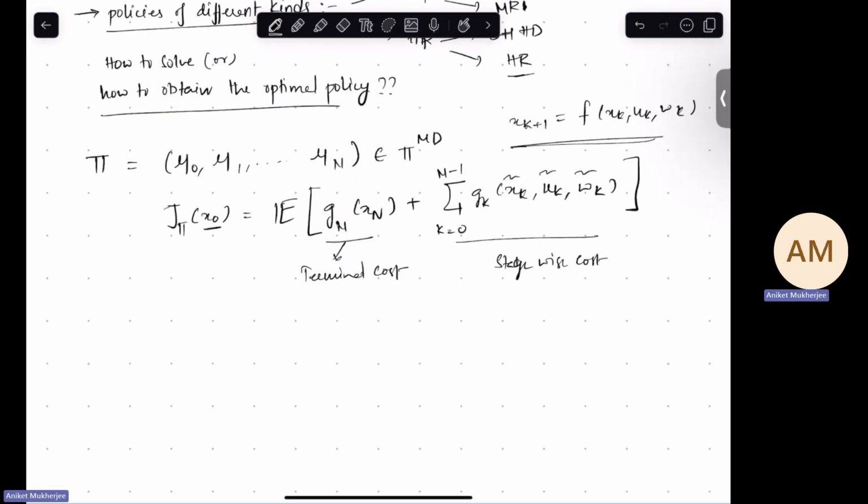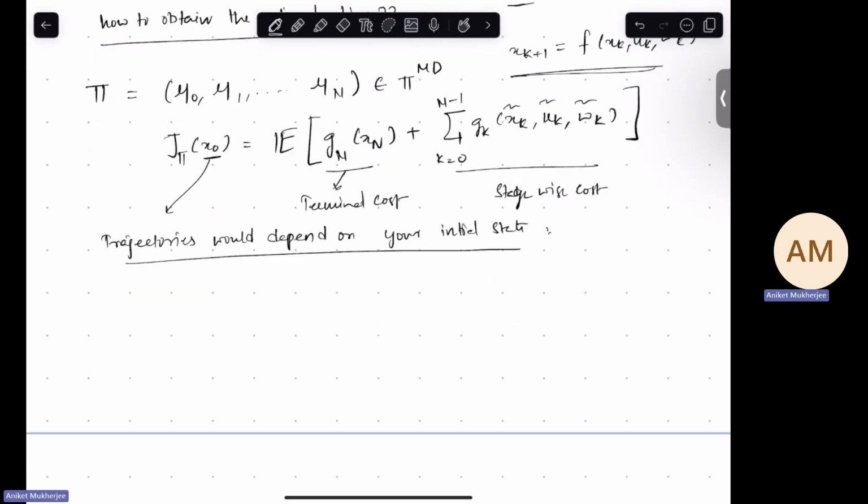And why is this a function of x0? Because your trajectories would depend on your initial state, right?